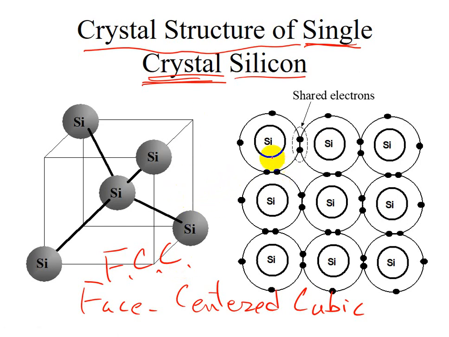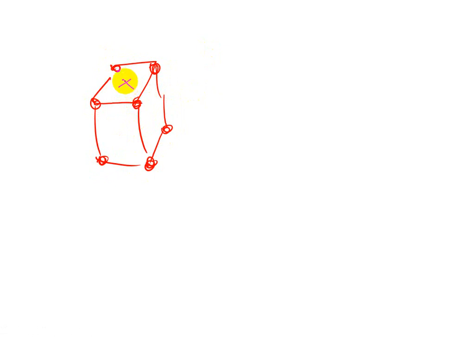It's basically a cubic material with atoms occupying the corners, totally 8 corners, and the 6 faces of the cube. At the center of each face, you get 1 extra atom.